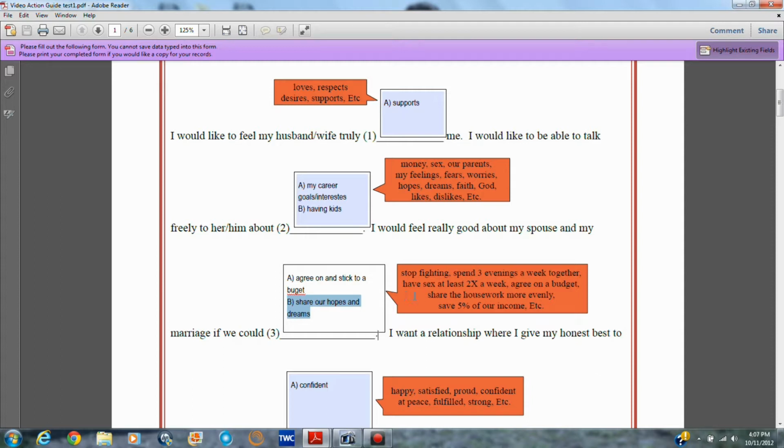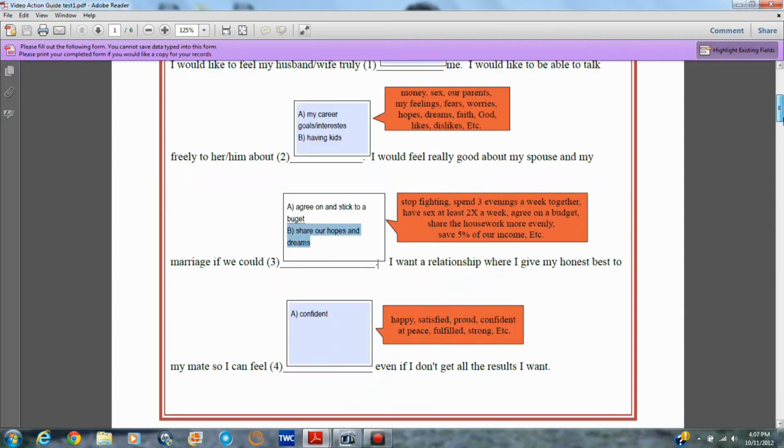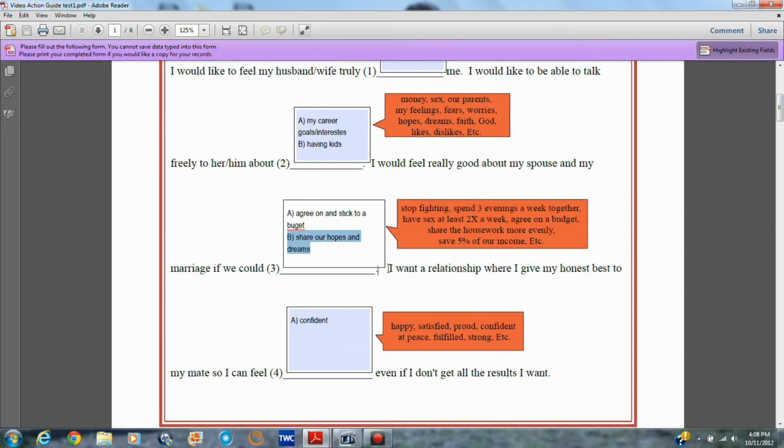You're definitely not limited to only those in any way, shape, or form. And finally, the last blank here is I want a relationship where I give my honest best to my mate so that I can feel, even if I don't get all the results I want, confident. In this case, she wants to feel that she's a good marriage partner, essentially a good wife.